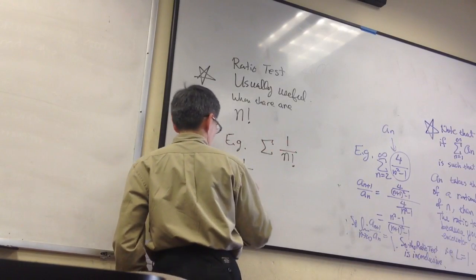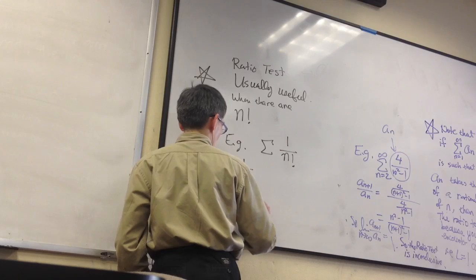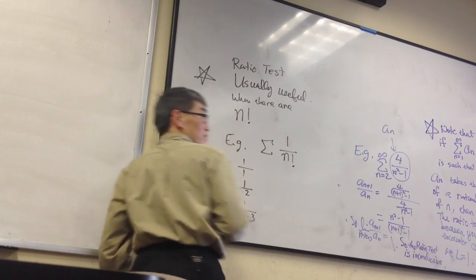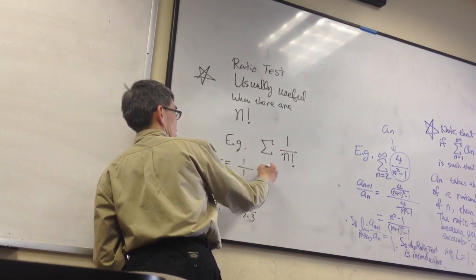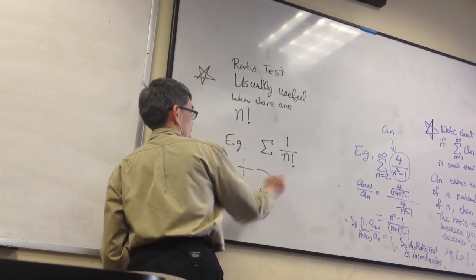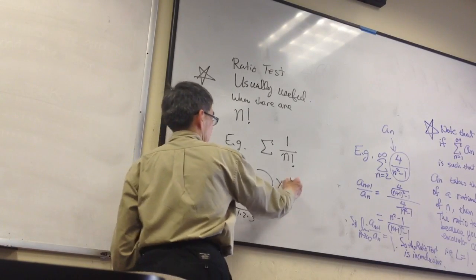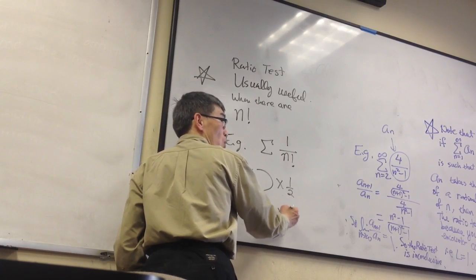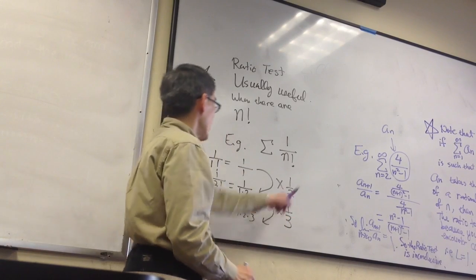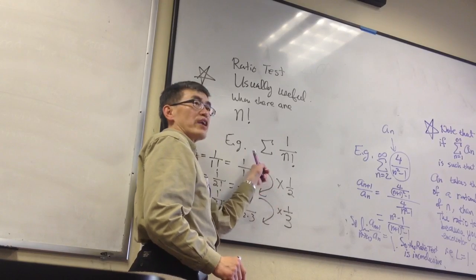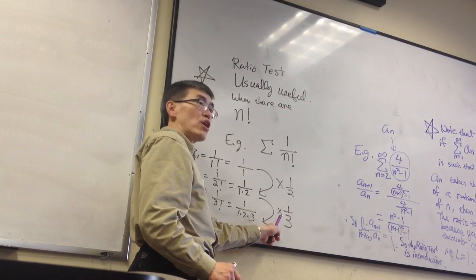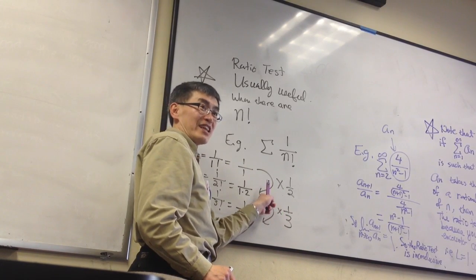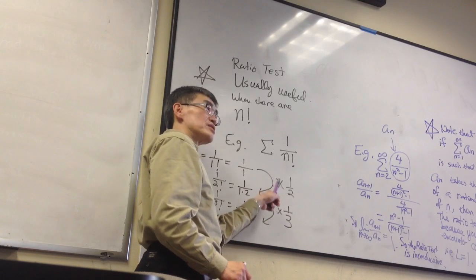So let me write it: 1 over 1 times 2. This is 1 over 1 times 2 times 3. If you look at this, from the first term to the next, you multiply by what? 1/2. From this term to the next, you further multiply by what? 1/3. So this 1/2 means a2 over a1, and this means a3 over a2.